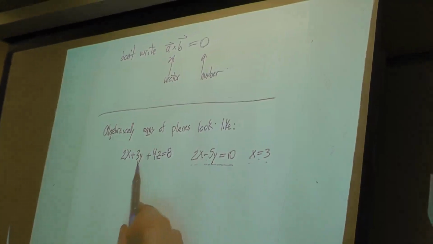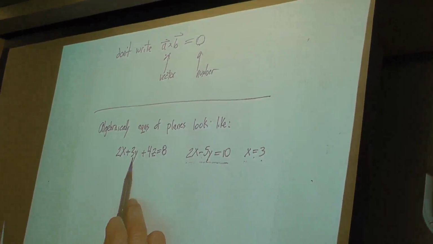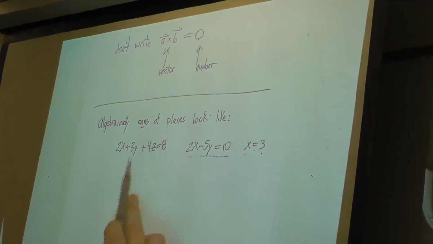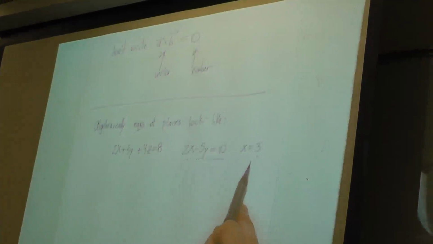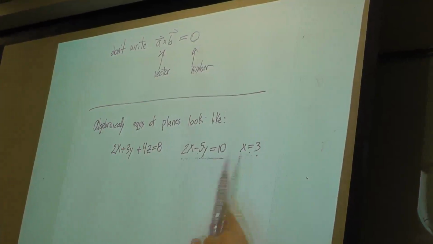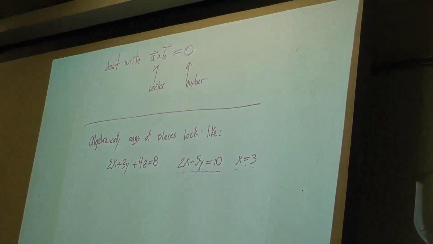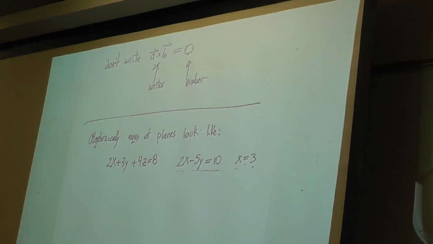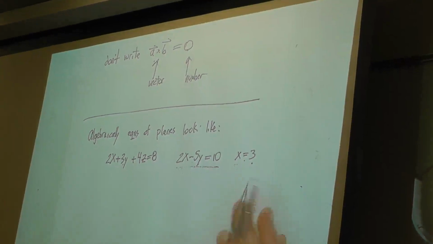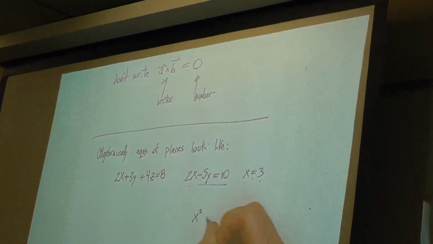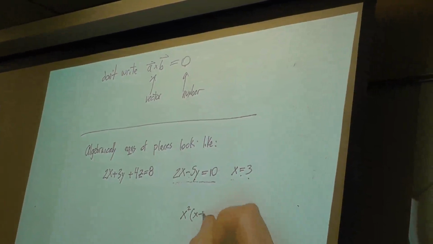Each one of these 3 equations and all equations of planes are linear in all 3 variables. Linear meaning exponent is 1 on each of the variables. Okay? This means don't give me equations of a plane that look like this.